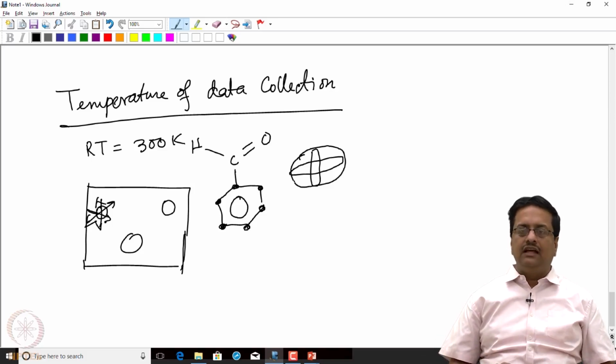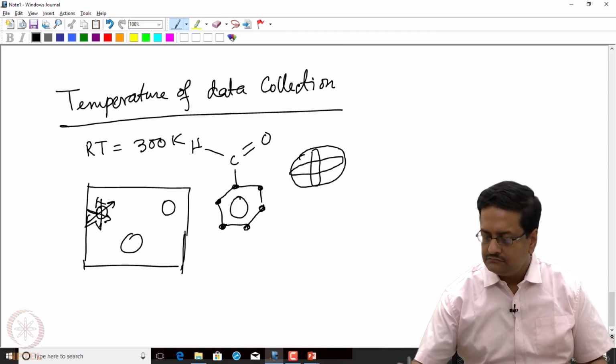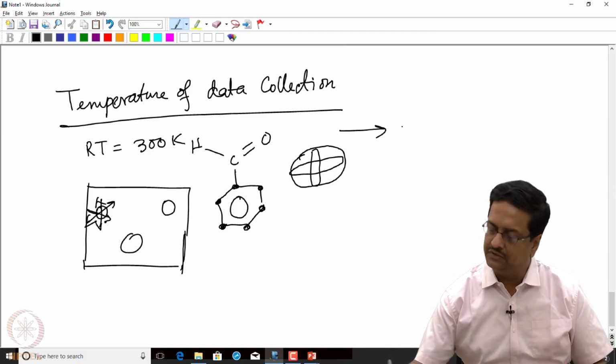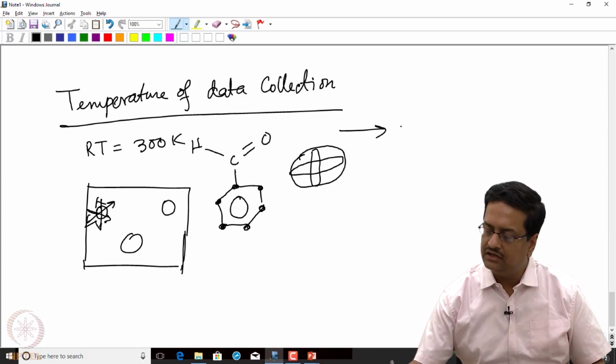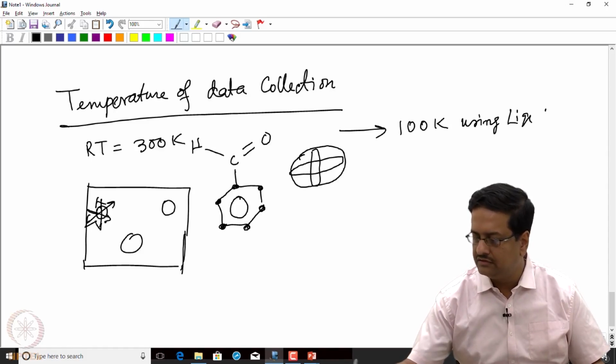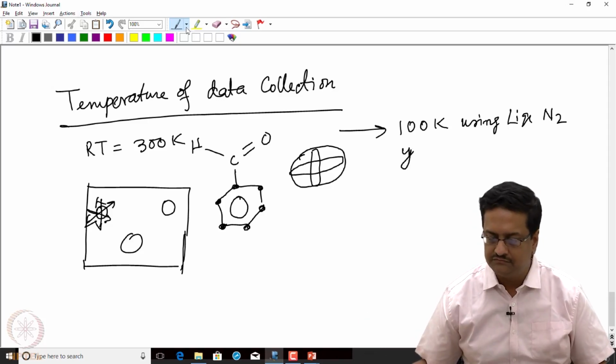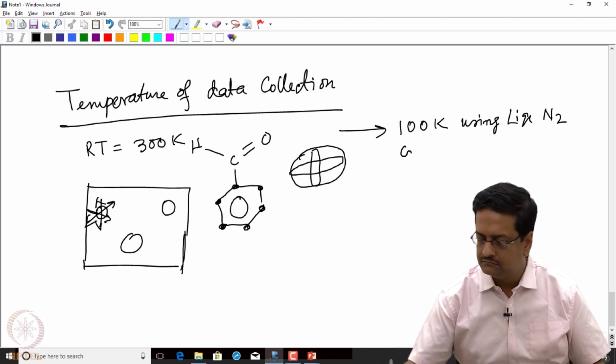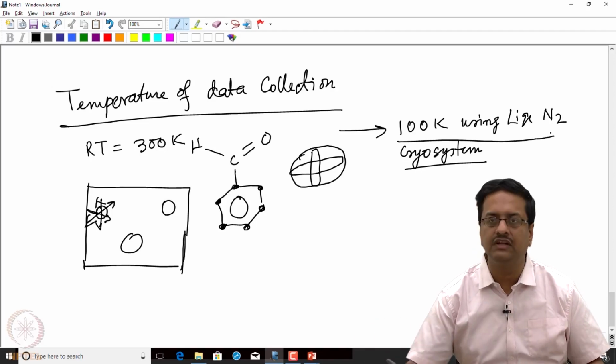So that is why one tries to collect data at much lower temperature. Ideally, one should collect the data at 100 K using a liquid nitrogen cryosystem to reduce the thermal vibration.